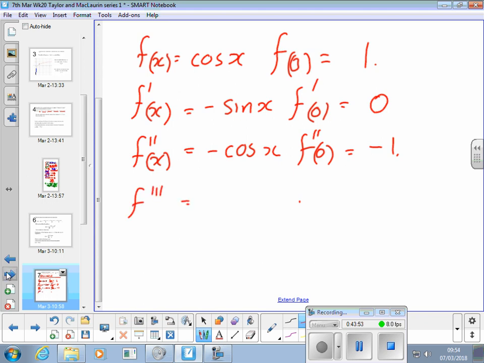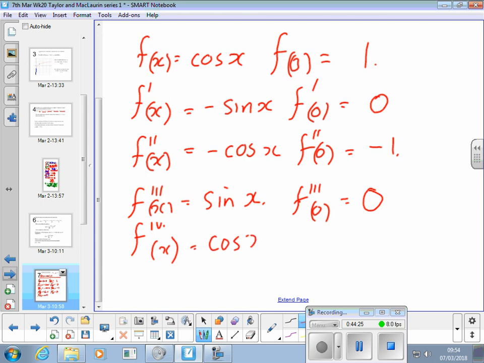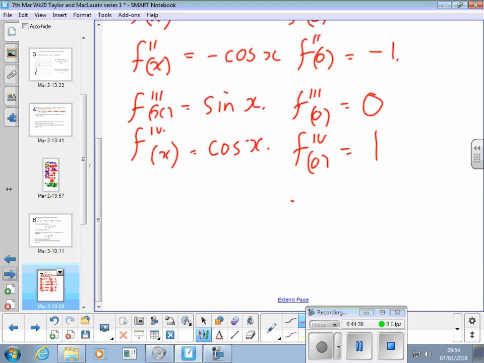Then the third differential, and the fourth differential. See what I mean about patterns emerging?